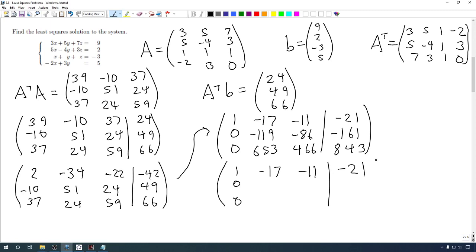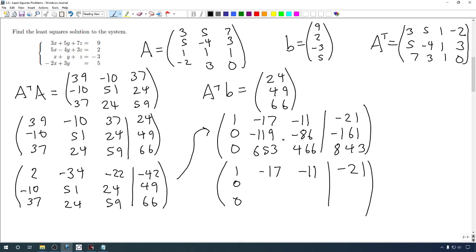And now, rather than trying to divide one of these rows by one of these bigger numbers, I'm going to do a few little tricks. I'm going to take as many copies of 119 as go into 653, and add that many times the second row to the third row.